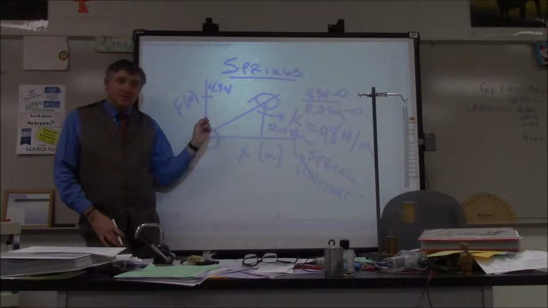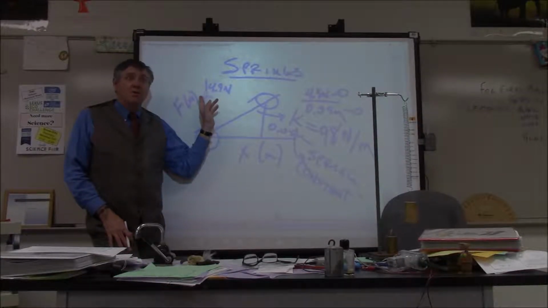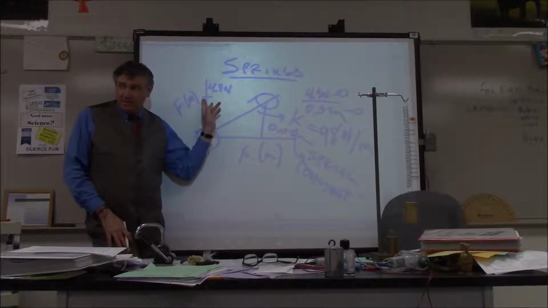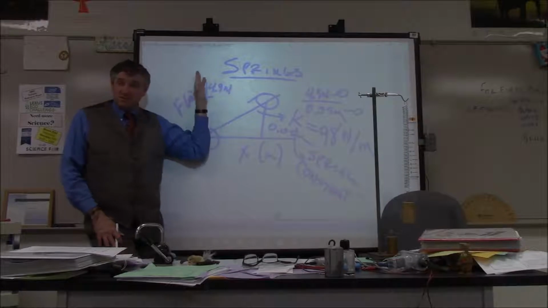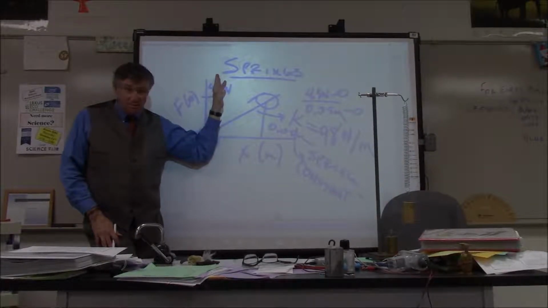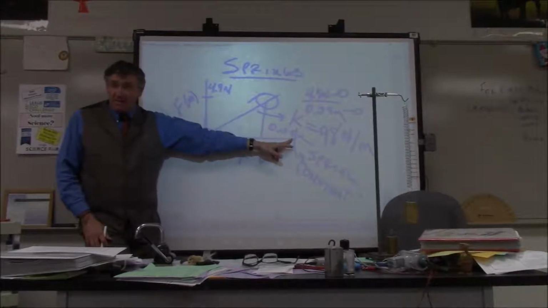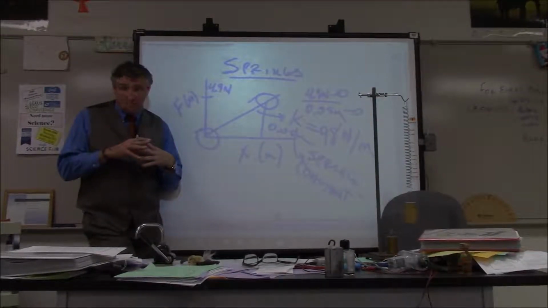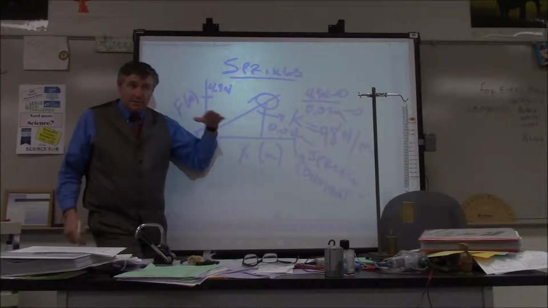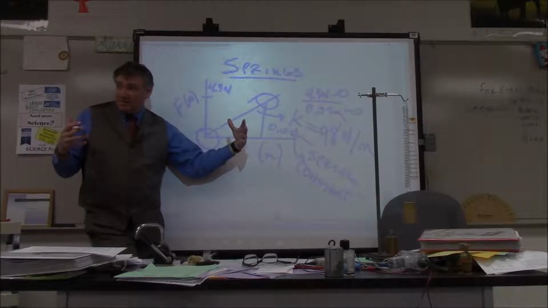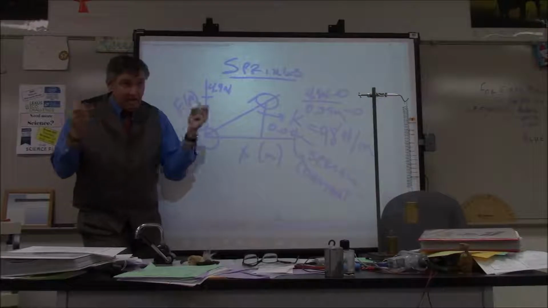If this was a stiffer spring and I applied 4.9 newtons of force to it, how much elongation would there be? Less. So the slope would be bigger. So the bigger the value of k is, the stiffer the spring, because it takes more and more force per meter to cause that elongation. So the value of your spring constant gives an indication of how stiff that spring is.